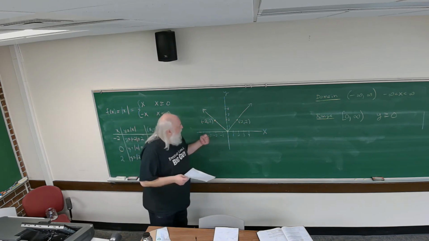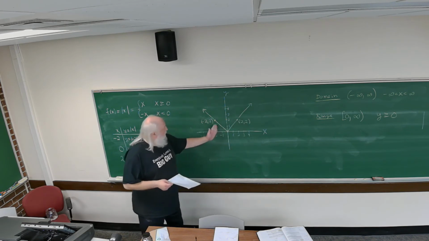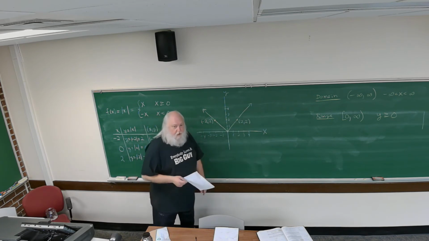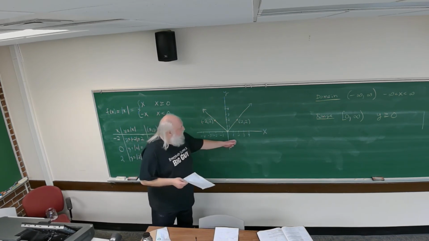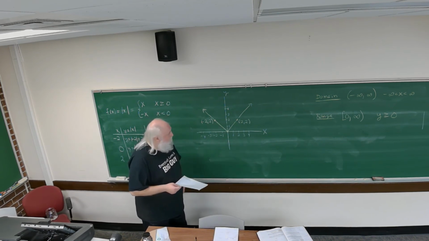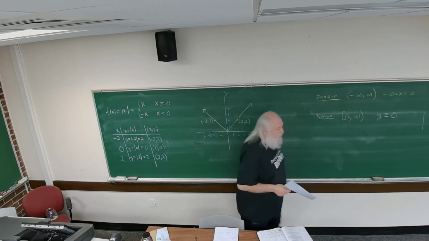Now, what's the domain? The domain is all real numbers, right? On the left, the graph goes to the left forever. On the right, it goes to the right forever. For every value of x, there is a point on the graph with that x coordinate. So the domain is minus infinity to infinity.